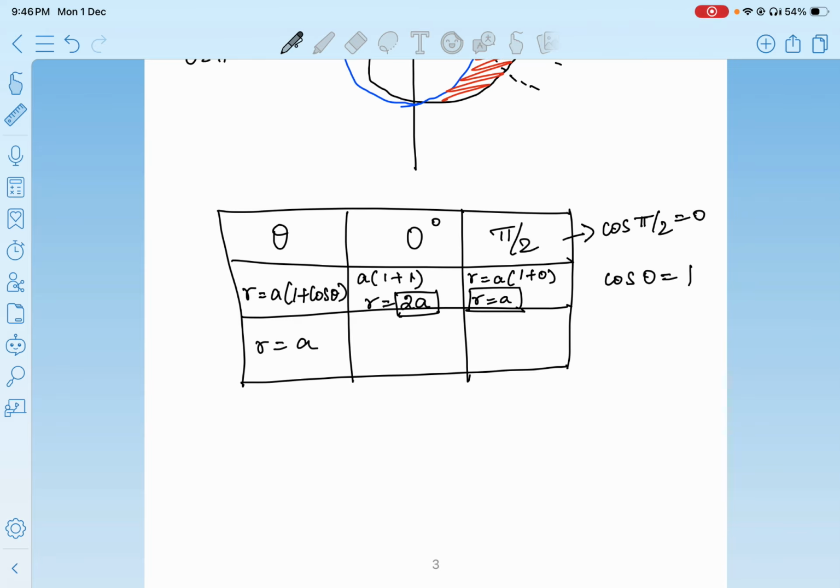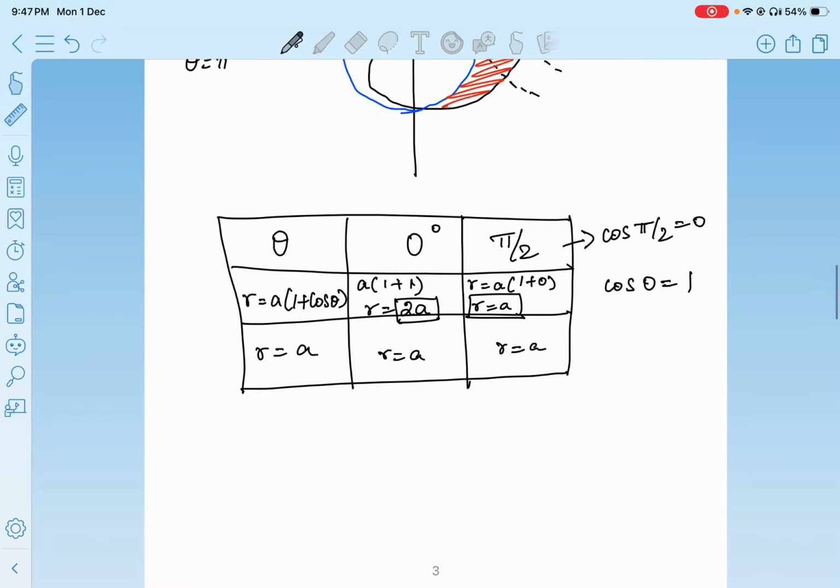Clear? Now for the next one, we don't have any theta in this radius, so r equal to a, and there is no change in your circle.